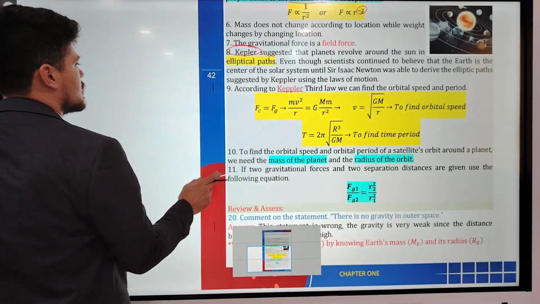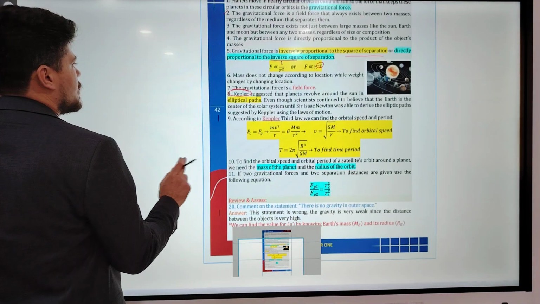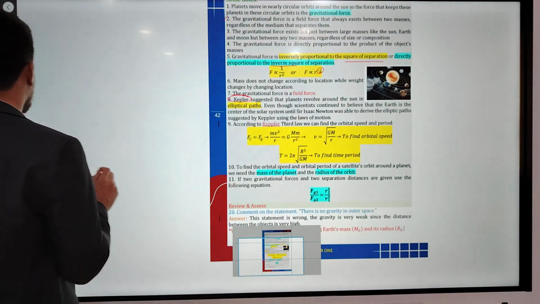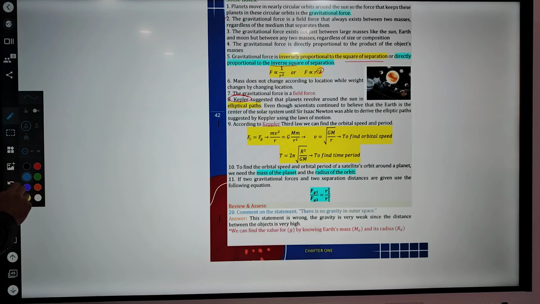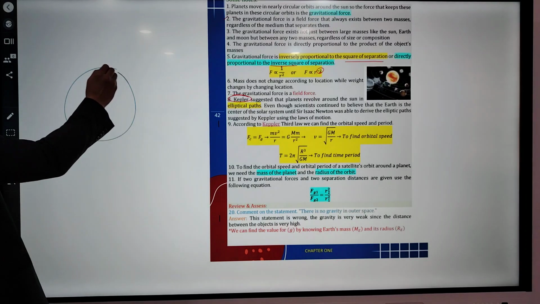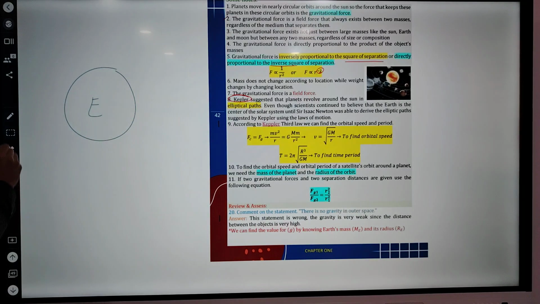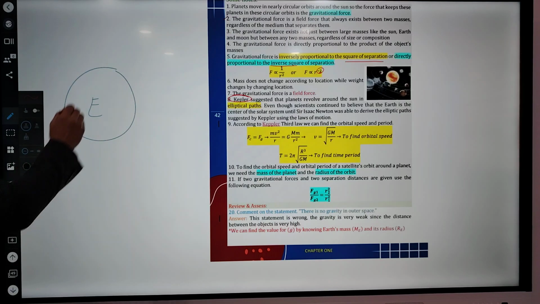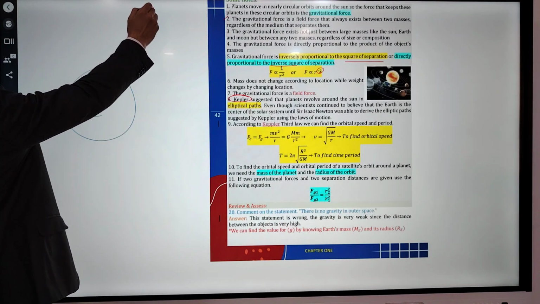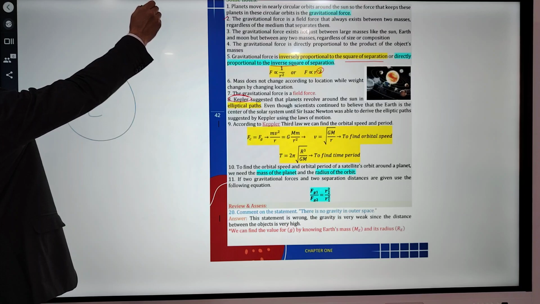Be careful, guys. For example, assume that this is Earth, and this is an artificial satellite.